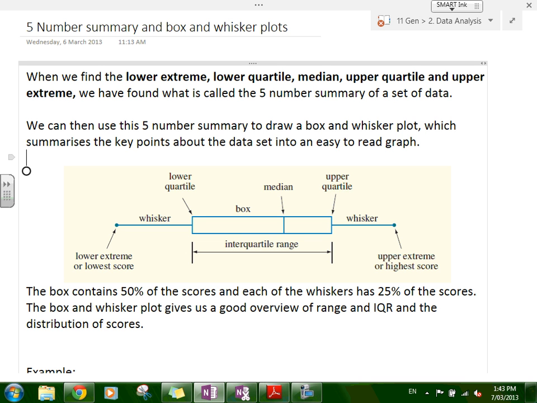Or you can have a very small box where there's a big concentration in the middle with two long whiskers going out. There are all sorts of ways, but just by the shape of it, you can see how the data is distributed. Okay? So that's a way of interpreting and finding out information about the data.